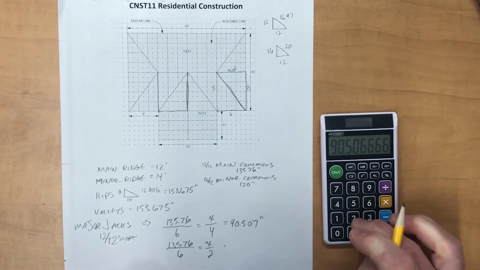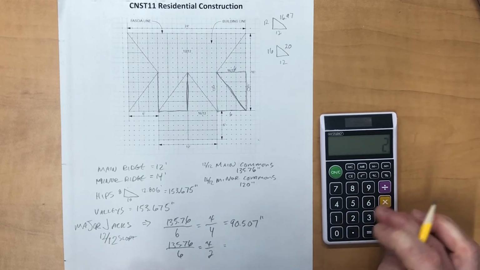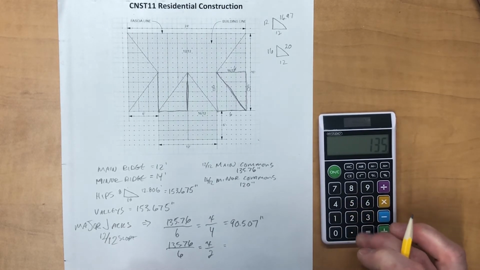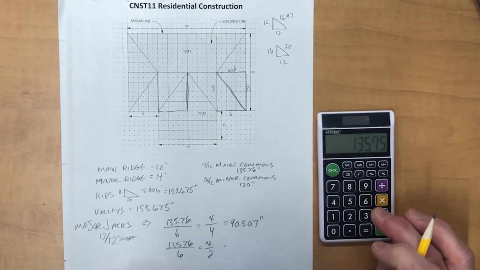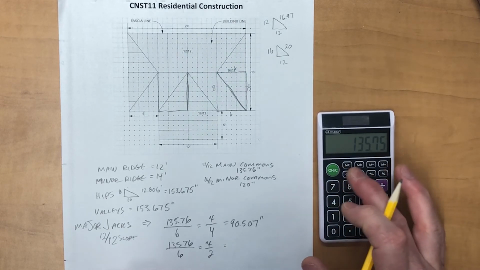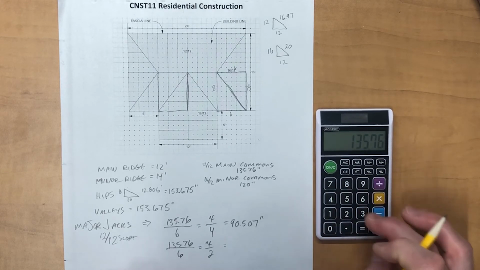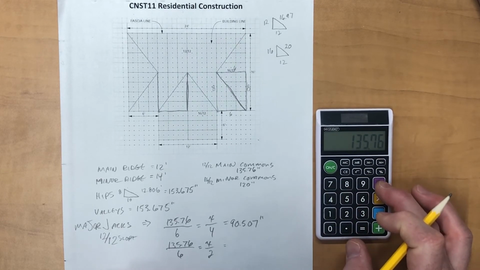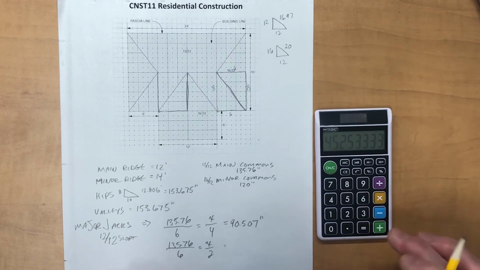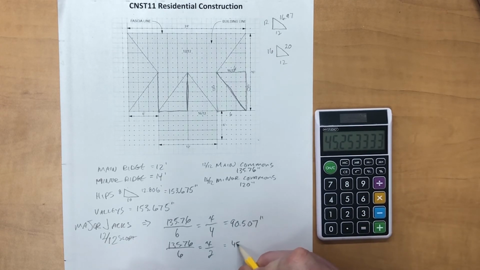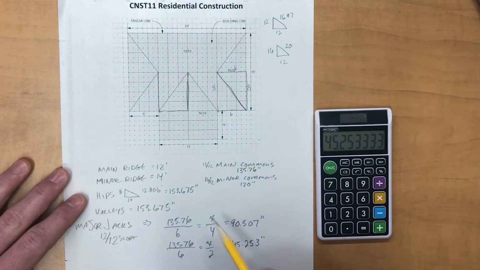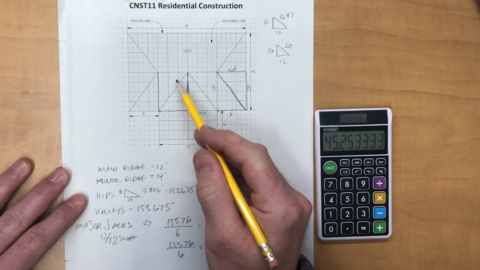This one, 2 times 135.76 divided by 6, is 45.253 inches long. Okay, so that's that one, that one, that one, and that one.